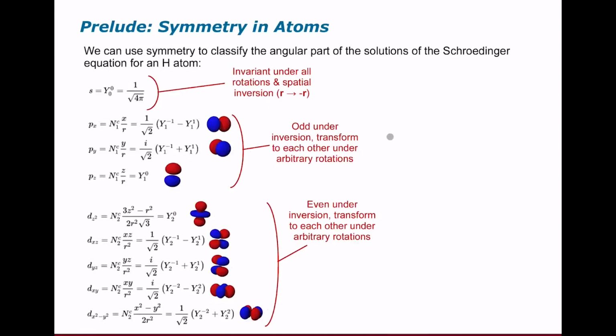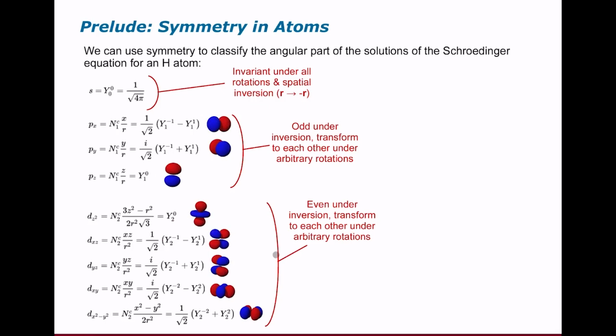And when you apply these arbitrary rotations, it's interesting that these p orbitals transform to each other. So if you start with, let's say, px orbital, this one, and then you rotate your system around any axis by an arbitrary amount, what you end up with will always be a superposition of the three p orbitals. So it will not be anything that contains any part of, let's say, the d orbitals.